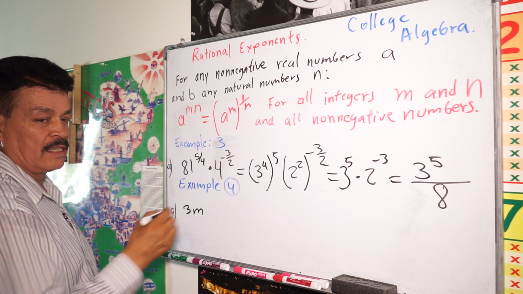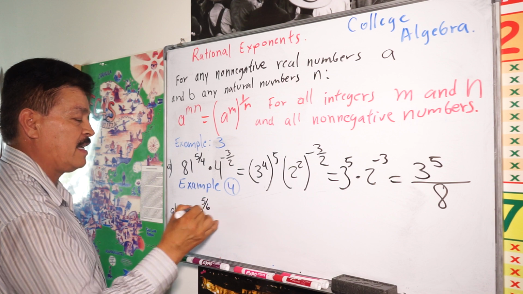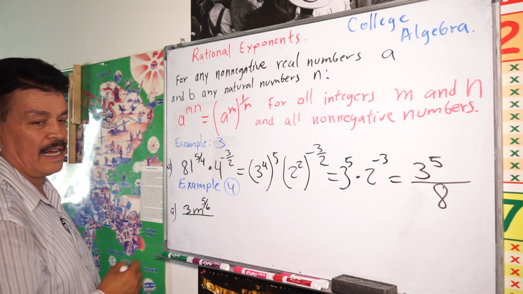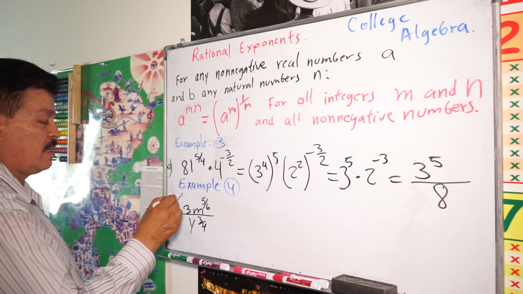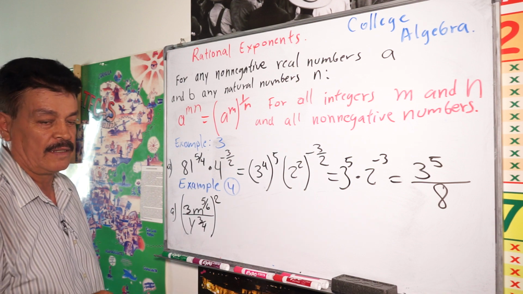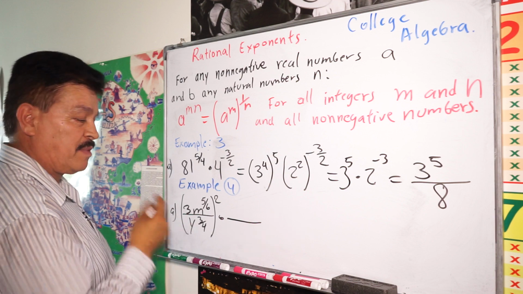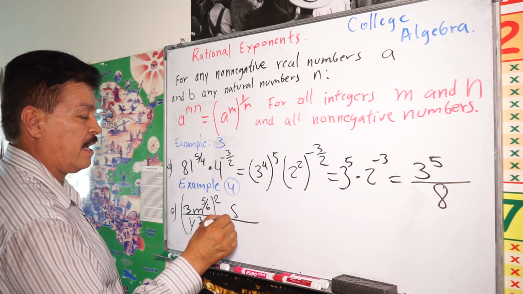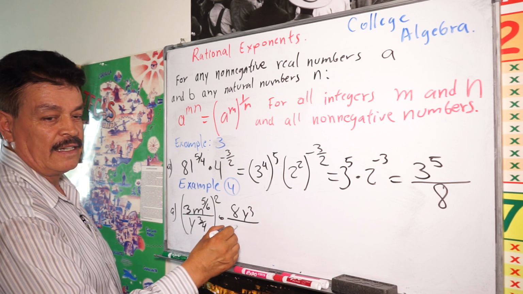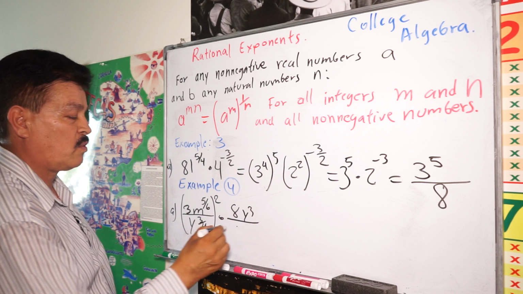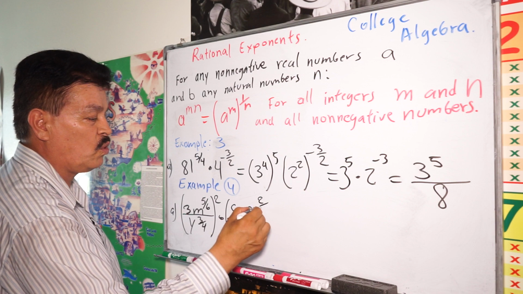We have 3m to the 5/6 divided by y to the 3/4, everything to the second power, times m to the sixth power, everything to the two-thirds.